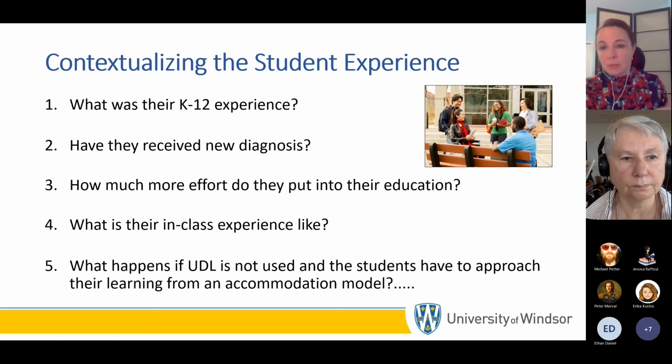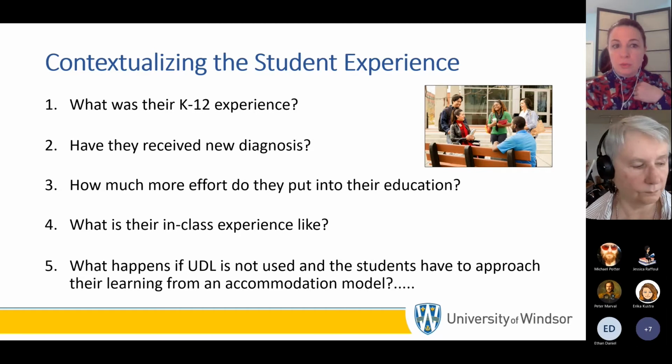Well, maybe because of their experience from K to 12, they've been told in high school that when you get to university, nobody's going to help you. You're on your own. You've got to be prepared to do it on your own. And they really felt that that was important for them to try to get through the semester without their accommodations.